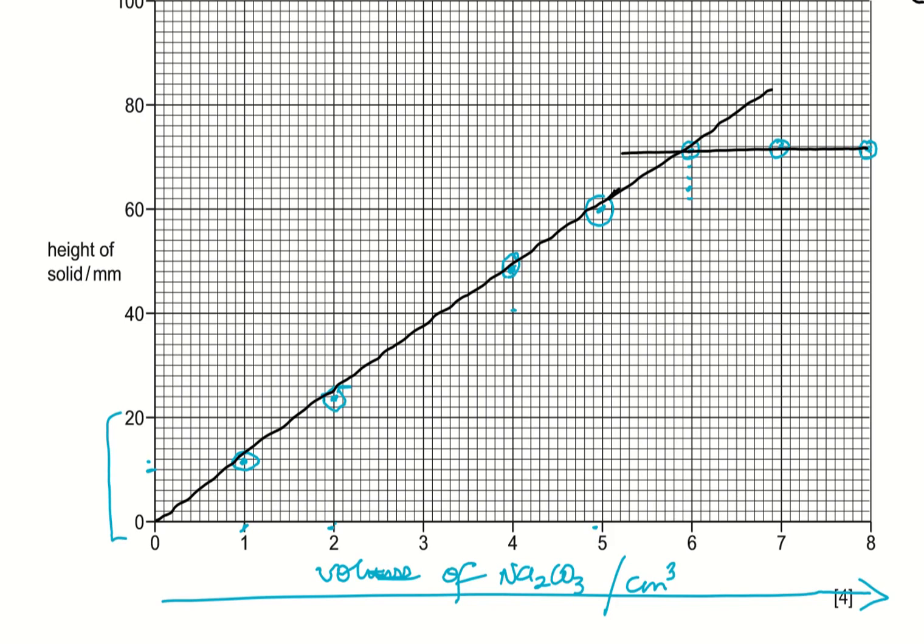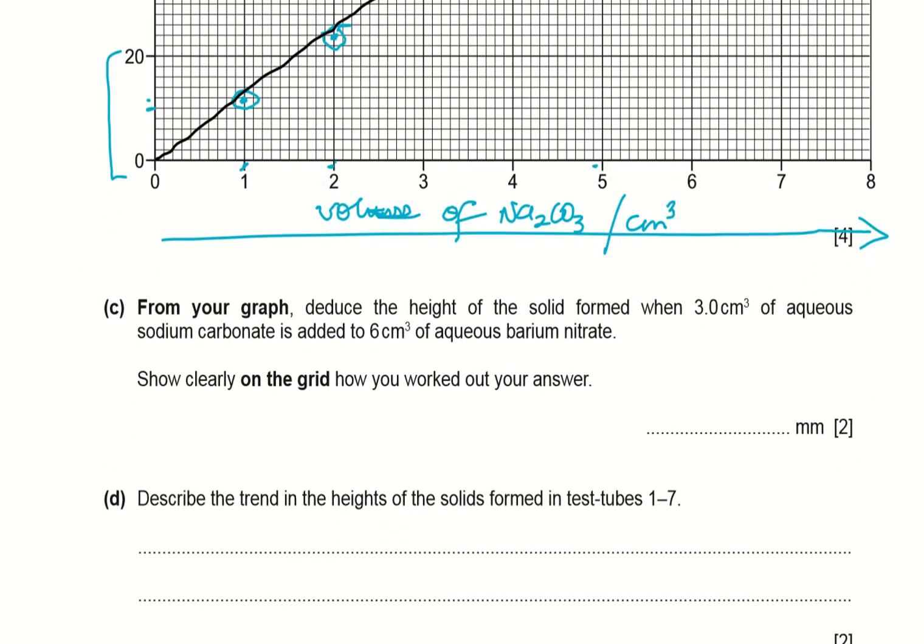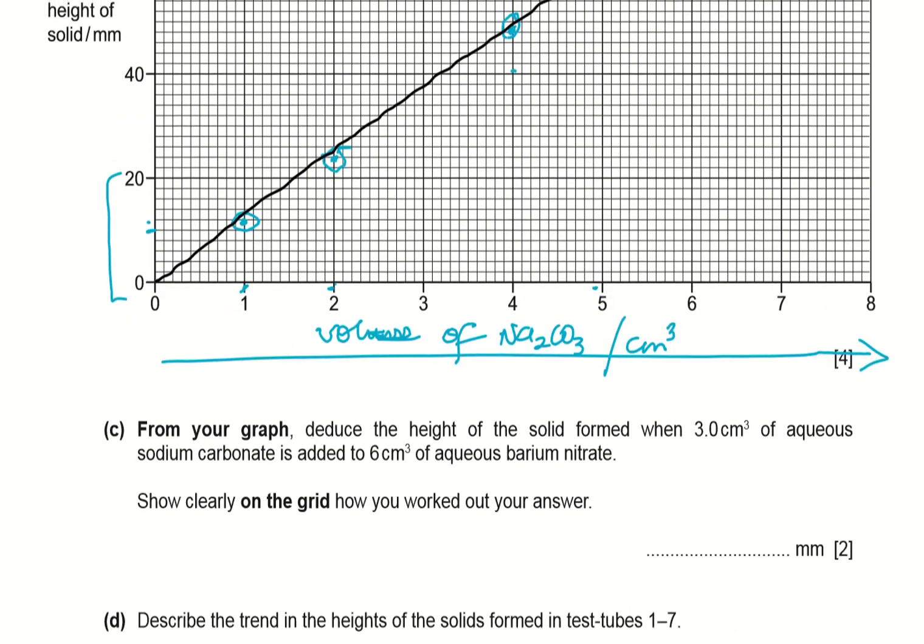So, having drawn the lines of best fit, let's try to answer the question that follows. From your graph, deduce the height of the solid formed when 3 cm cube of aqueous sodium carbonate is added to 6 cm cube. So, at 3 cm cube, you are supposed to deduce the height.